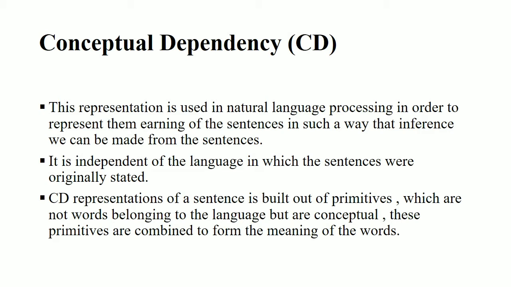If you are using English, P trans and all, those words are not explained in that language, right? So how to represent that? What does A trans indicate? What does P trans indicate? What does ingest indicate? These are all primitives used for the slot and filler structure, both in script as well as in conceptual dependencies. So these primitives are combined to form the meaning of the words.